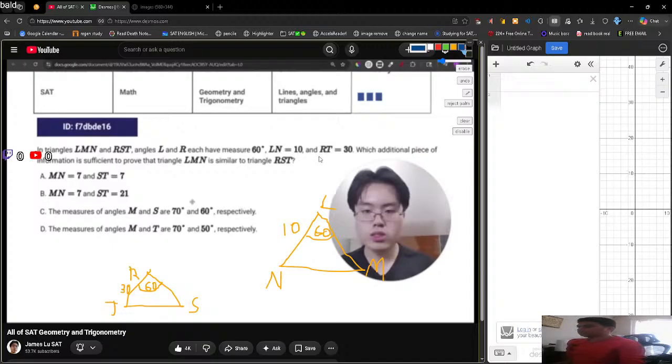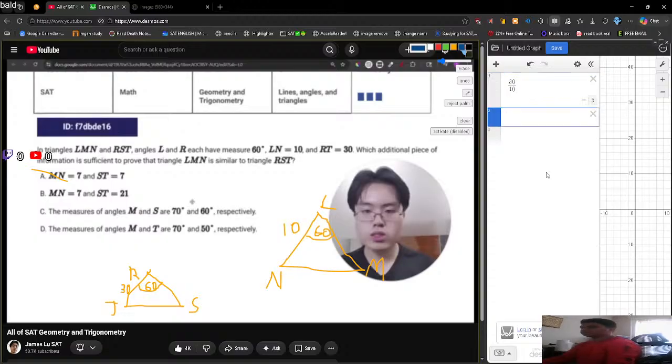Okay, so LN is 10 and RT is 30. So 10 times 3, which is MN, times 3.